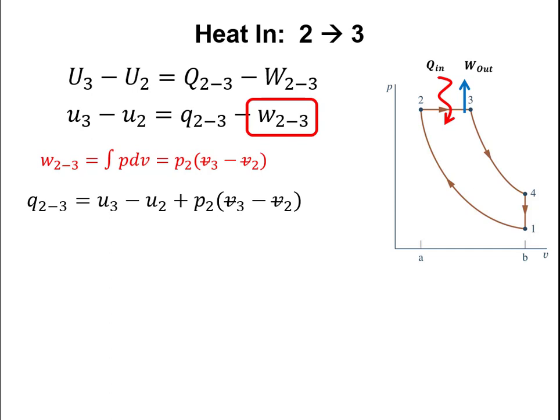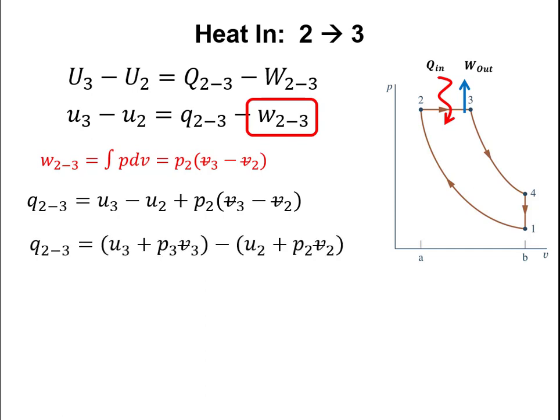So here I find that Q2, or Q from 2 to 3, so the heat addition, is equal to U3 minus U2 plus P2 times (V3 minus V2).